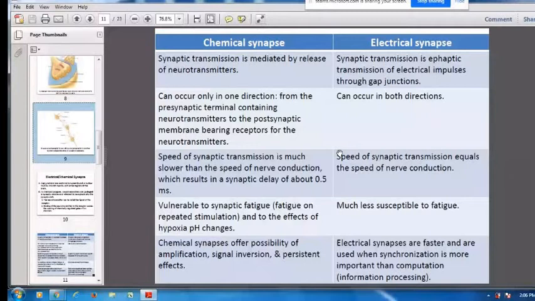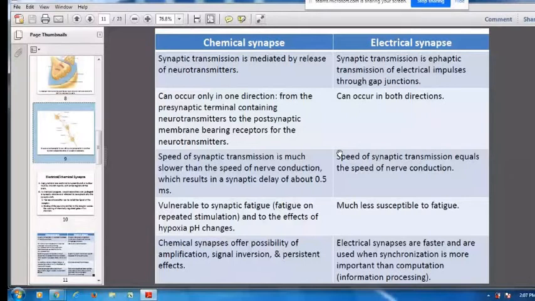In electrical synapse, the speed of synaptic transmission equals the speed of nerve conduction. But in chemical synapse, there is a synaptic delay of about 0.5 milliseconds, as the speed of synaptic transmission is much slower than nerve conduction.